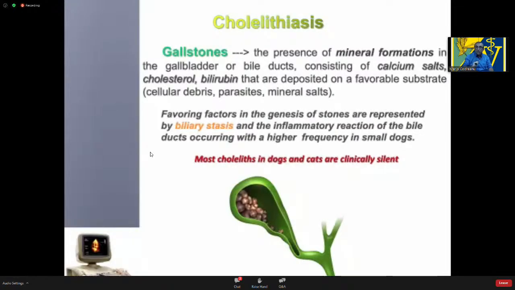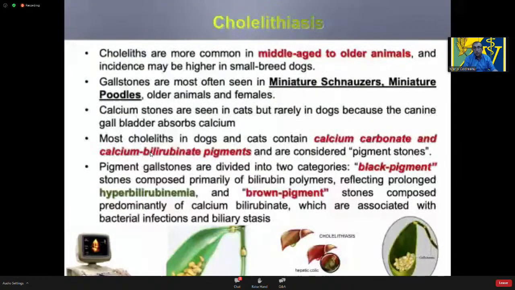And in clinically silent situations, the owner cannot tell us about any digestive changes, appetite changes, or other clinical signs, or behavior changes in their patient.